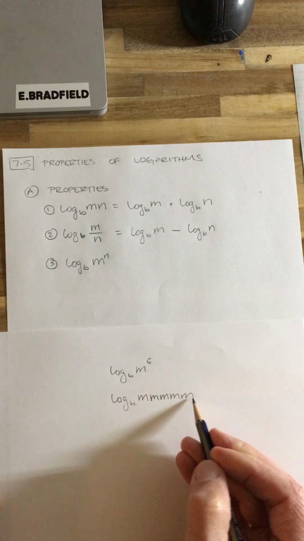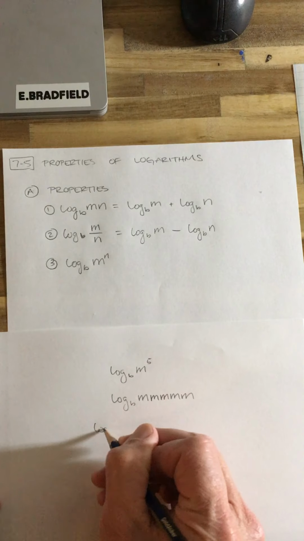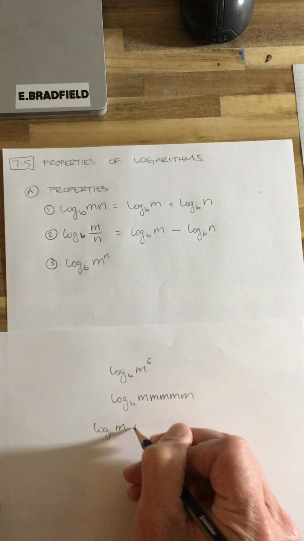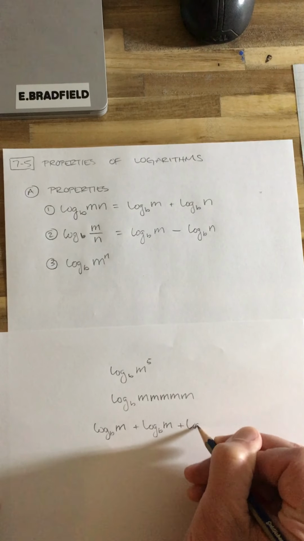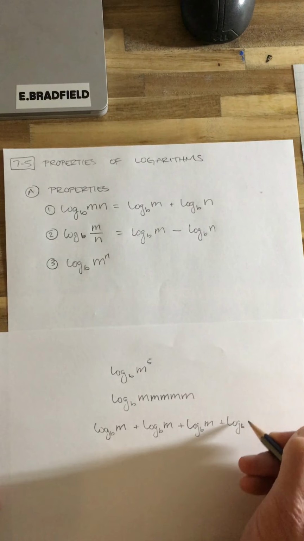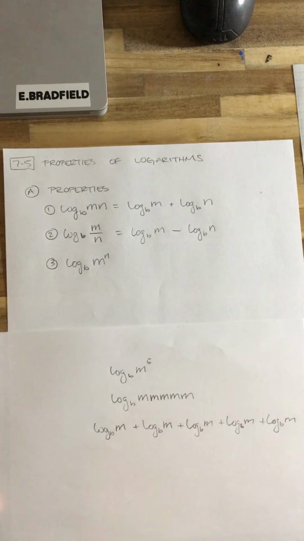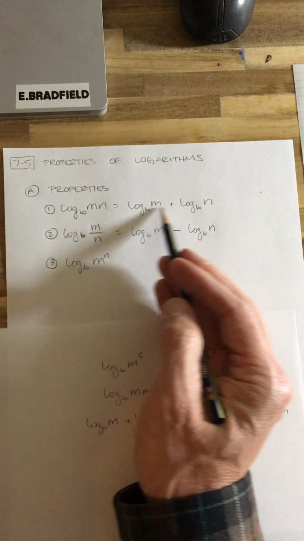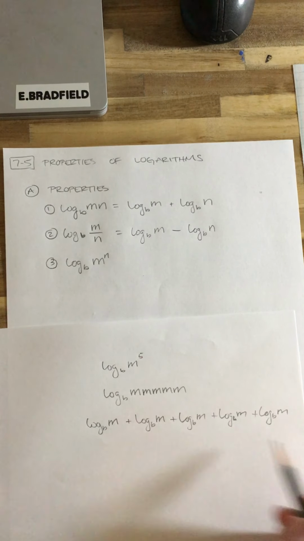Wouldn't that break up into 5 logarithms, the log base b of m plus the log base b of m plus the log base b of m plus the log base b of m plus the log base b of m, just like the property up here? Since there are 5 m's, we break it up into 5 logarithms all added together.